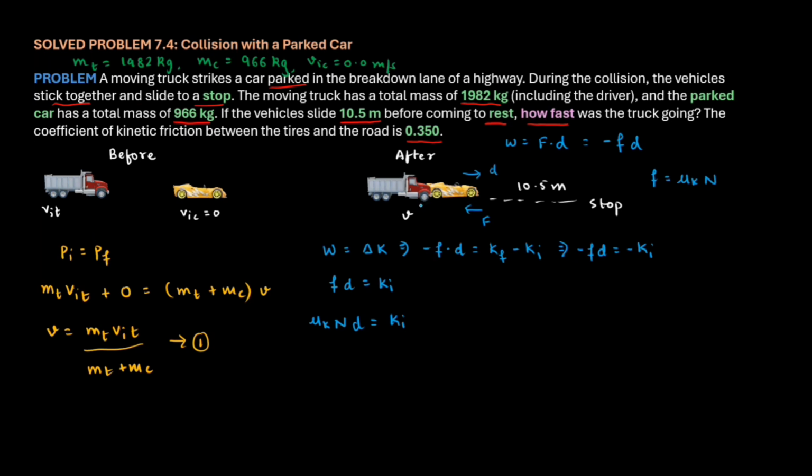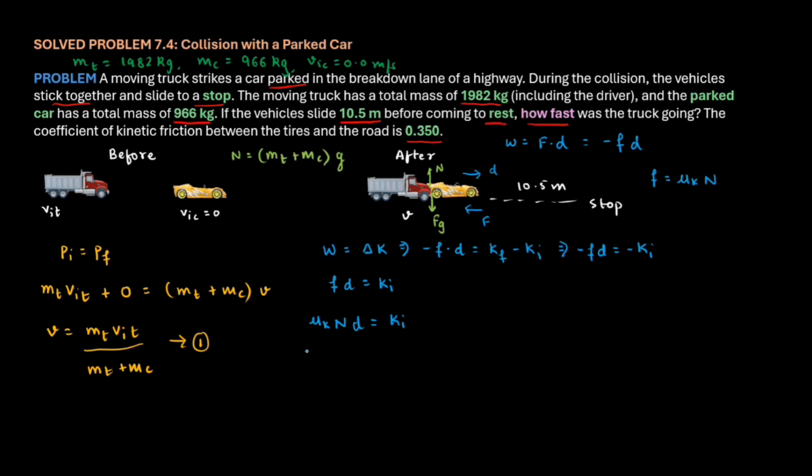So right after the collision, when they stick to each other and move with a combined speed v. Now let's solve this further. The normal force will be equal to the force due to gravity because force due to gravity of this combined system will be acting down and the normal force will be opposite to it. So you can get the normal force as mass of the truck plus mass of the car times g.